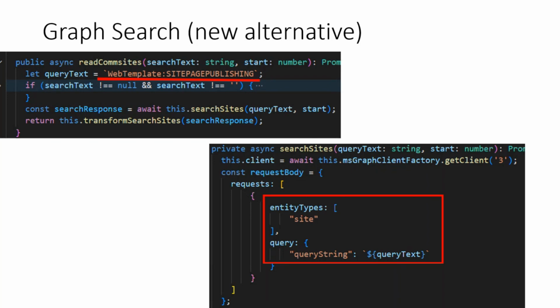And if you have never done search with Microsoft Graph, these entity types go much beyond SharePoint. So entity types can also be message, user, chat, and so on, but not a team, for instance. So you cannot yet search for Microsoft Teams.